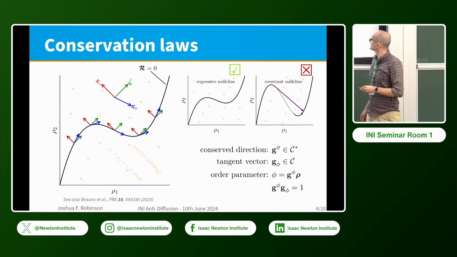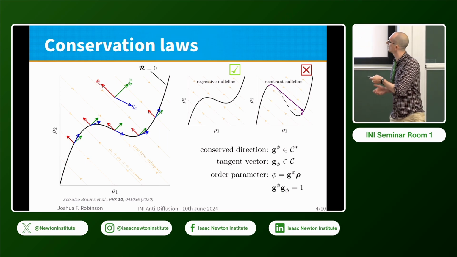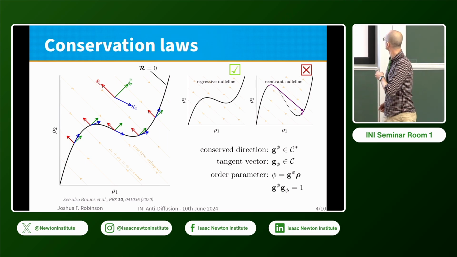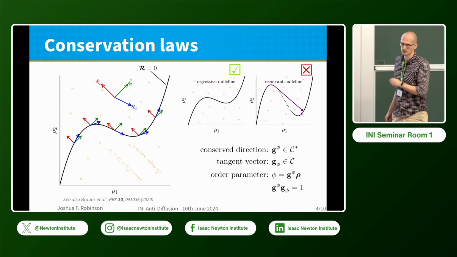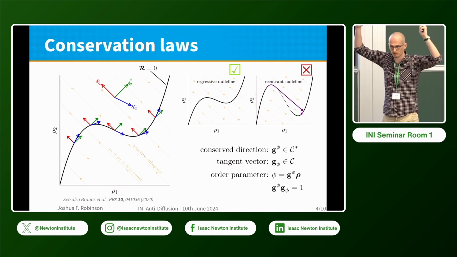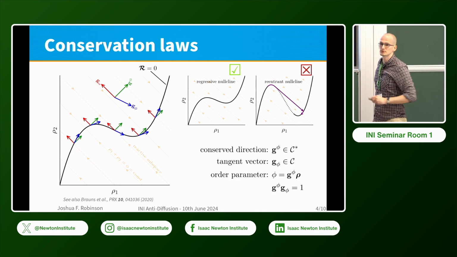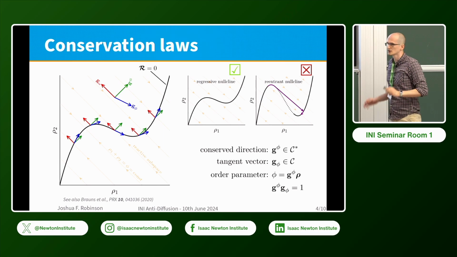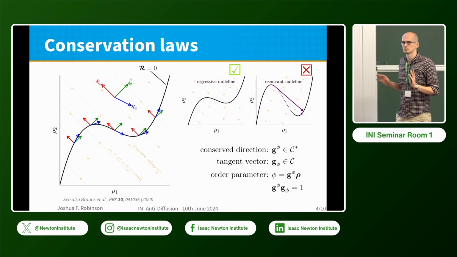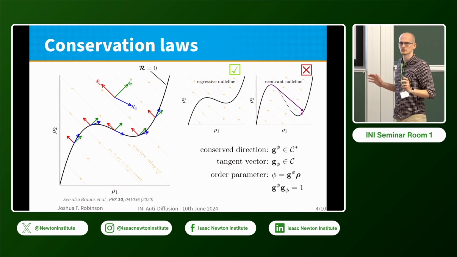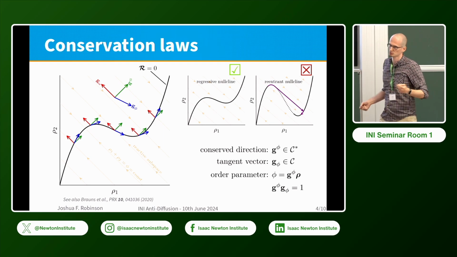That means the phase portraits are always confined to the level sets of some order parameter phi, which is the contraction of my full high-dimensional chemical vector in the direction of this green arrow. Chemical space is not Euclidean, so you have to be careful about one-forms and vectors. My conserved direction is a one-form.